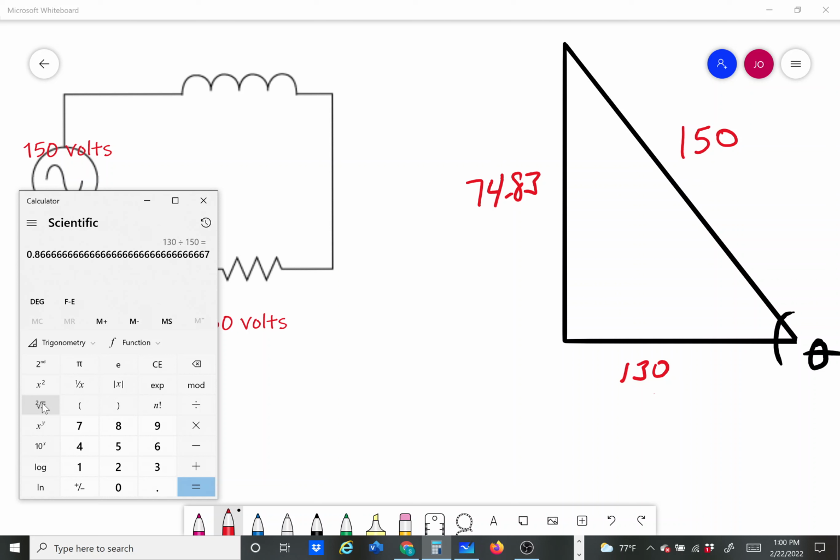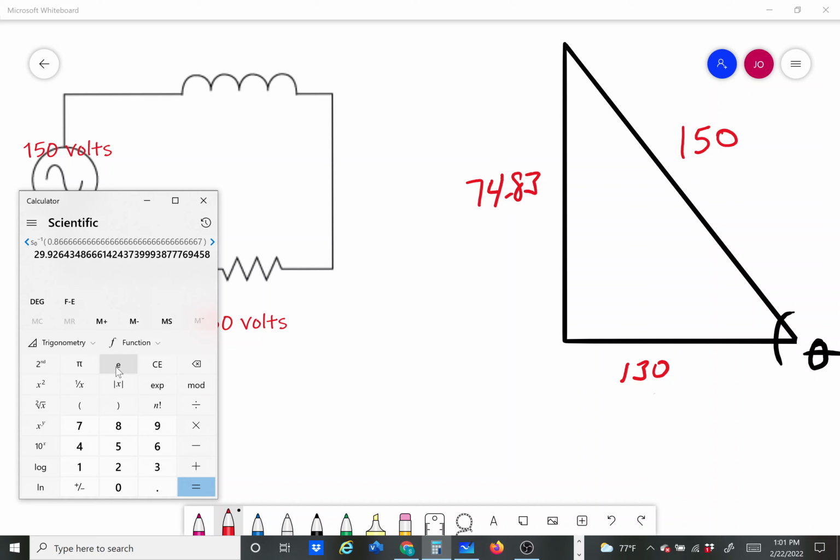Now I have that value of cosine, and hopefully we remember that to find our phase angle, because we used the cosine function, we now use the inverse of cosine. When we do the inverse of cosine, we see that it is about 30 degrees out of phase.